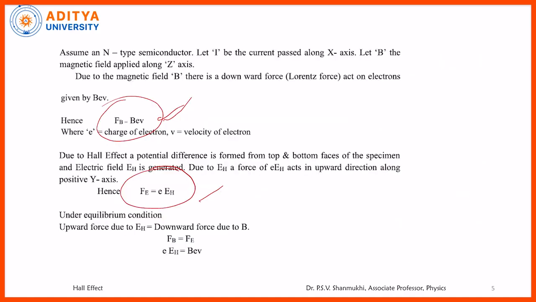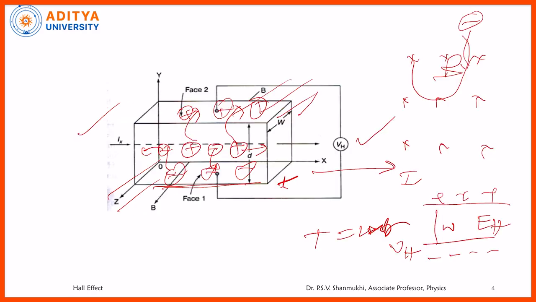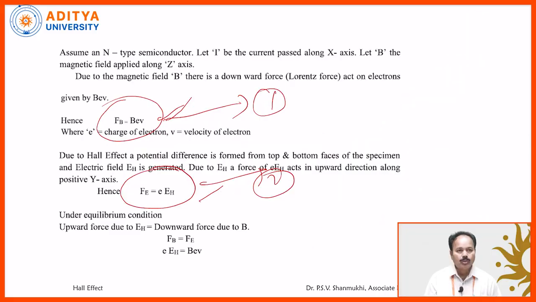These two forces are in opposite directions. At equilibrium condition, these two forces must be equal, so that there is no further accumulation of charged particles, and the charged particles will again travel along x direction. So at the equilibrium condition, we can write that the Lorentz force is equal to the electrostatic force.